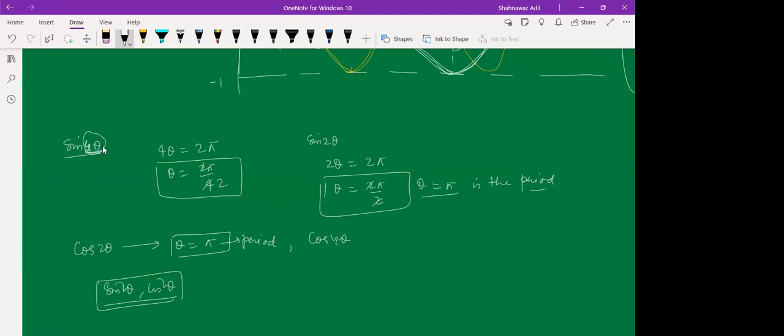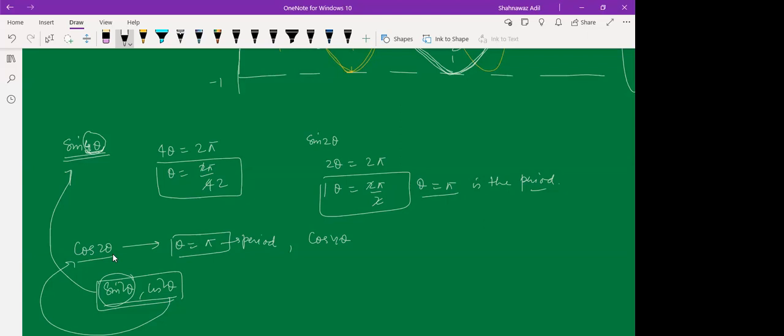We have to change sine square theta and cos square theta into this form, otherwise we cannot say about the periods of these kinds of functions. We have to change the function in the form of sine theta, cos theta, and so on, so that it is an integral multiple. Okay, is it clear?